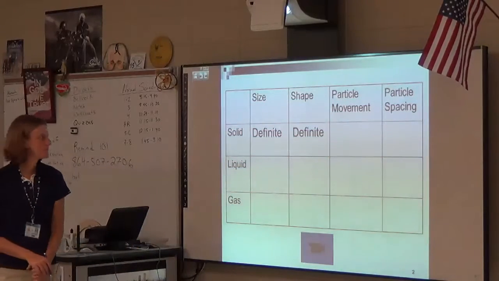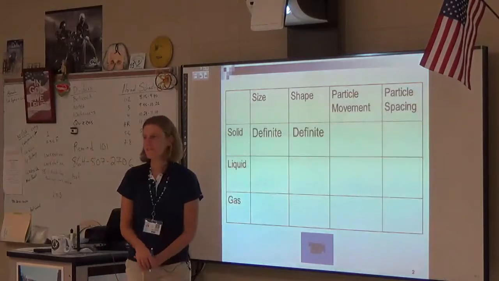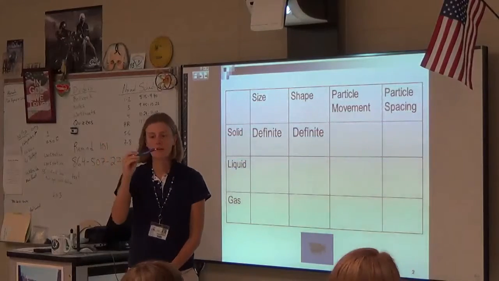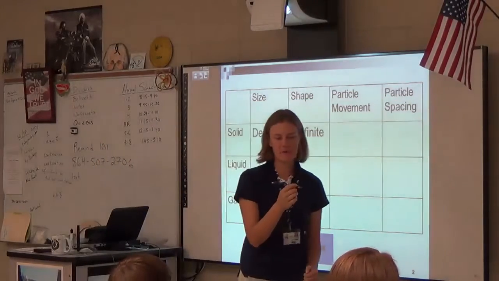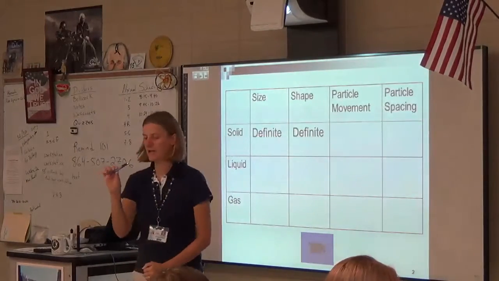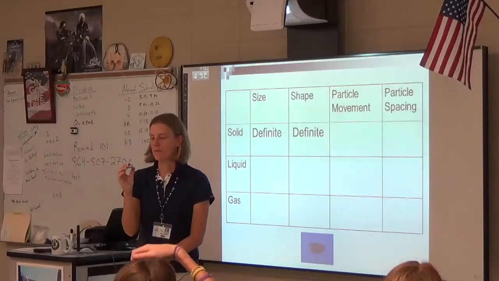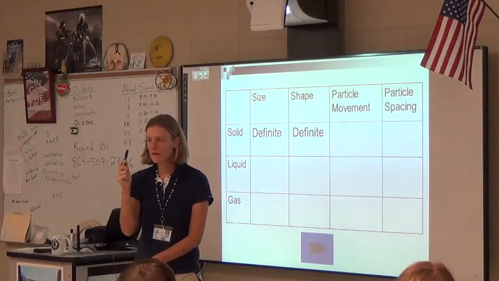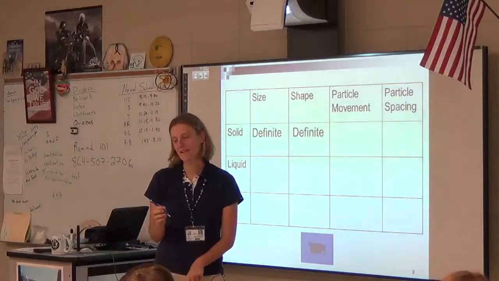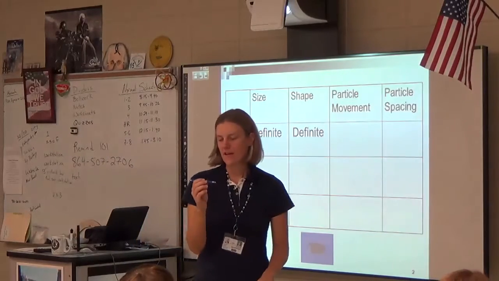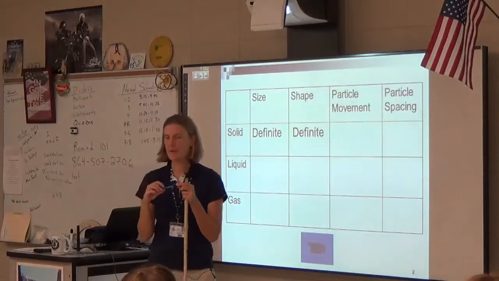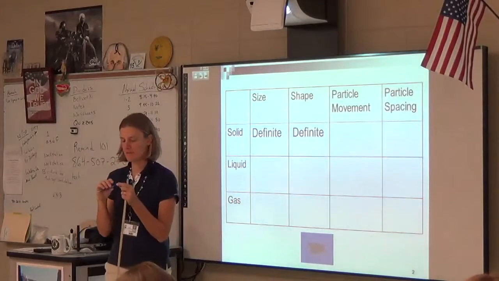Particle movement. Okay, actually I don't want the words definite or indefinite here. So here's a pen. It is made up on its smallest level of atoms and molecules. Probably got these long plastic polymers, but they're still molecules, itty-bitty molecules. Are they moving around? Probably not. Yes. And I know that that seems weird, but yes. They are moving, although not very much. One molecule of plastic at the tip of my pen is not going to end up at the top of the pen at a later time.